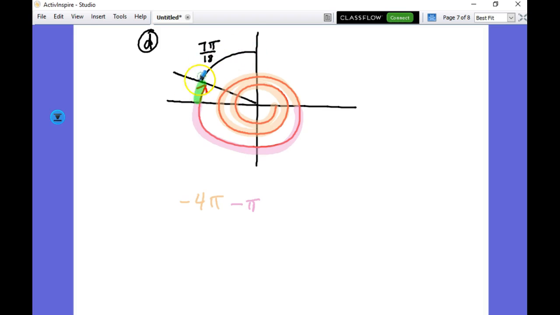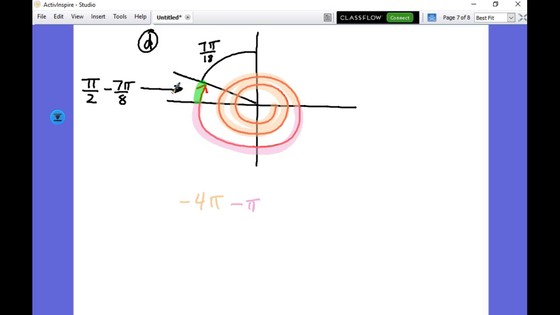What did we say? I hear a few of you saying it. What did we say this much of a circle is in radians? Pi over 2. So we're going to subtract this from pi over 2 instead of 90. So here we go. Pi over 2 minus 7 pi over 18. That will tell us what goes there.